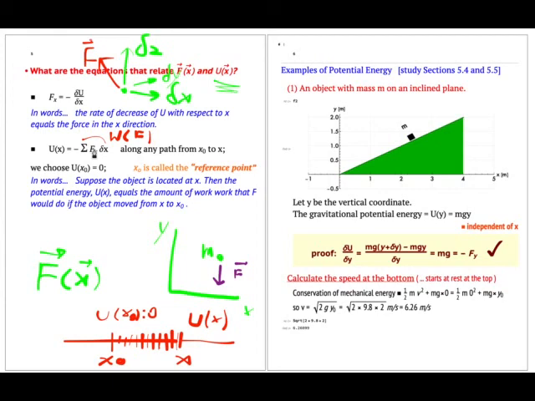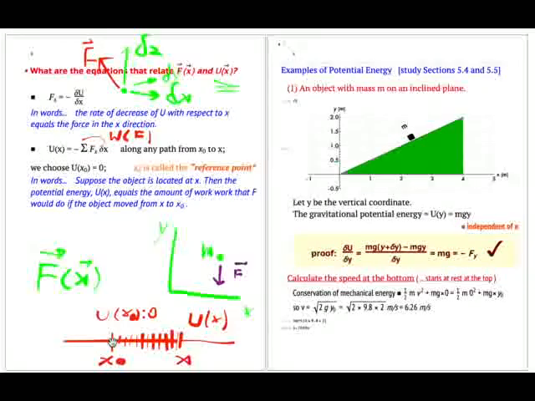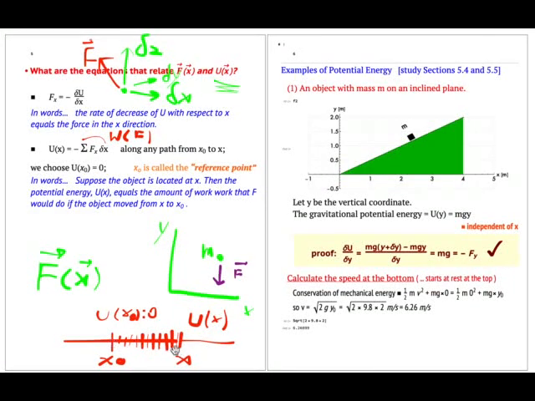That gives me the total work done as the mass that the force is acting on goes from x0 to x. That's the definition of the potential energy at the point x. It's the negative of the work done by the force I'm talking about as the mass goes from the reference point to x.